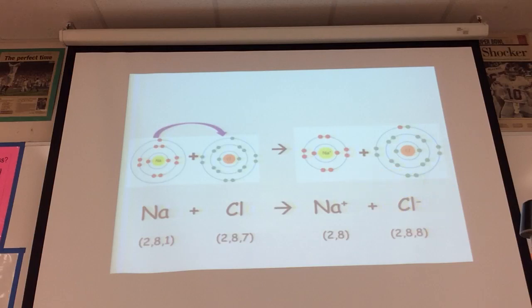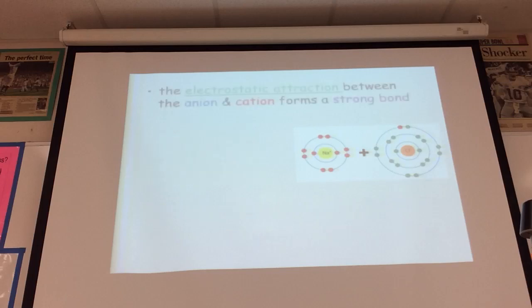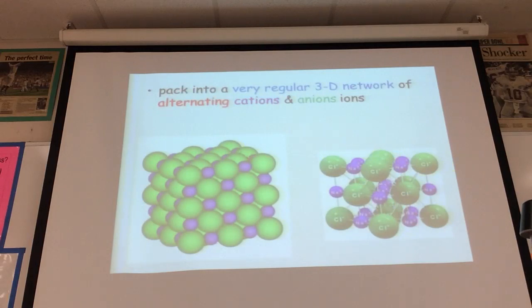If you don't understand this, please have a look at my preceding video on ionic formation. Okay, so it's this electrostatic attraction between the anion and the cation which will form a very strong bond. And it makes this regular lattice shaped structure which has got alternating cations, which are the positively charged ions, and anions, which are the negatively charged ion.